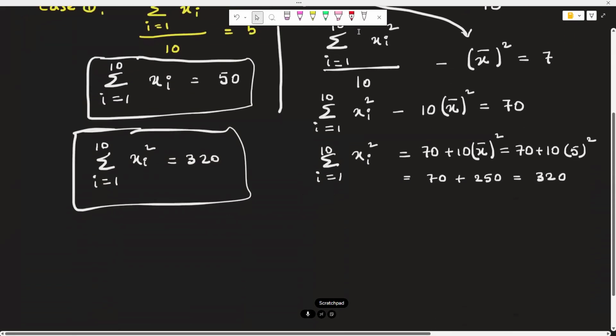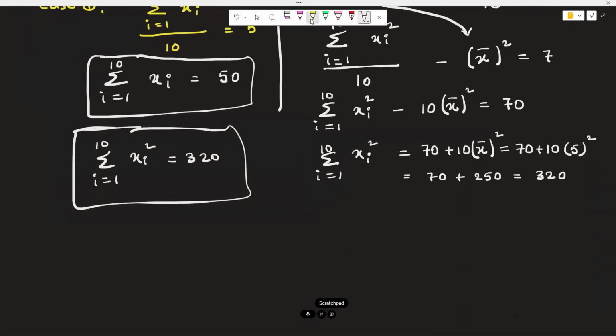Okay, let's move to case 2. So what does case 2 say? Case 2, only the number of observations is 8. Here also they mentioned that the mean is for 8 observations. So for i equal to 1 to 8, sigma xi divided by 8 for 8 observations.